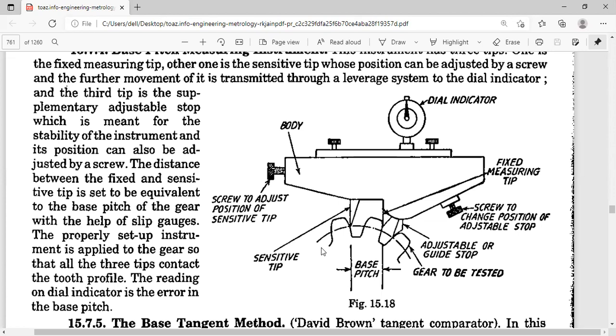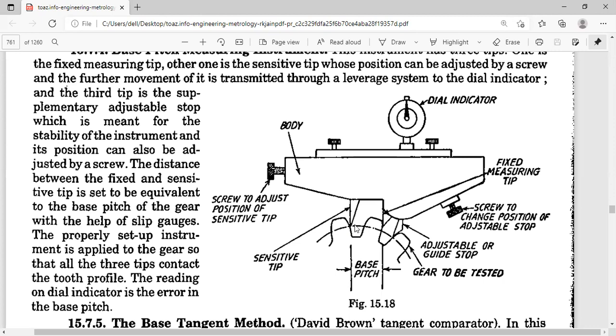They should contact the tooth profile like this, exactly at the points where you are measuring the base pitch, just like the pitch point in the case of a pitch circle. In the case of tooth thickness, you have to see that it is exactly touching at the points where the profile is.